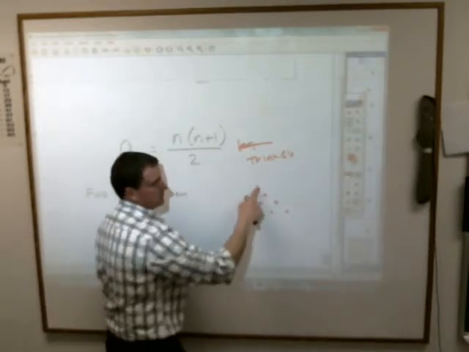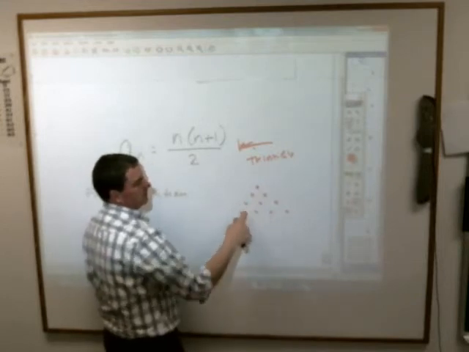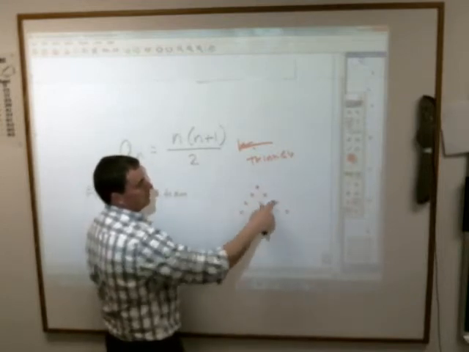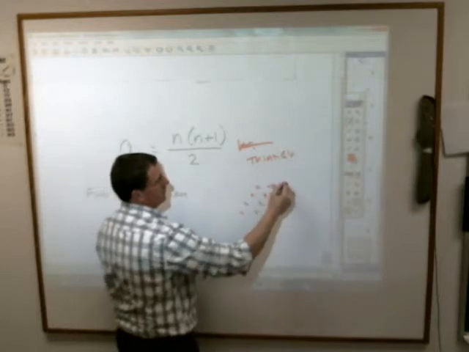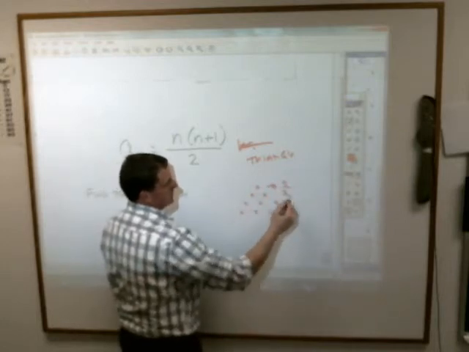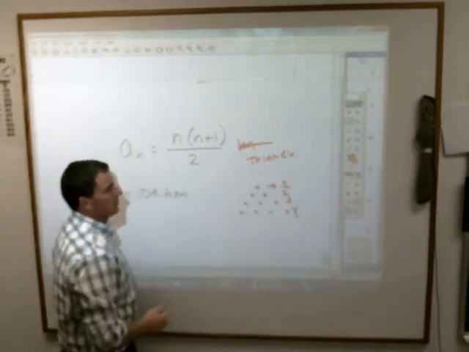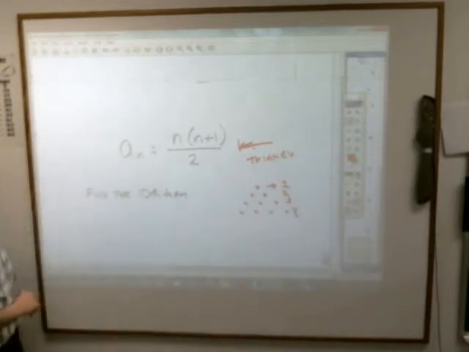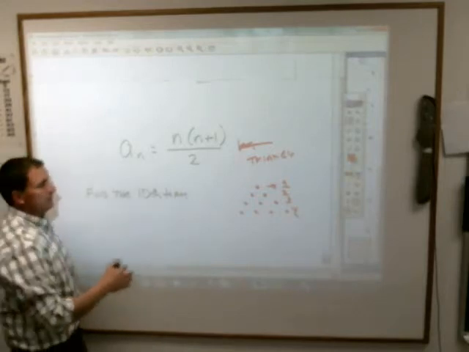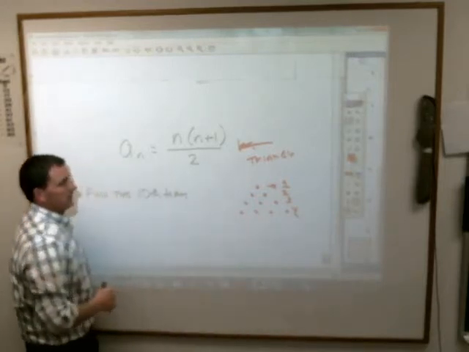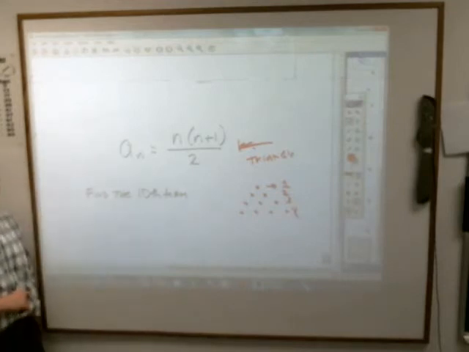You get 1 pin, then 2 pins, then 3 pins, then 4 pins. If you add them up, you're going to get 1, 3, 6, 10. The 10th term, if you made 10 levels of this, how many bowling pins would that be?